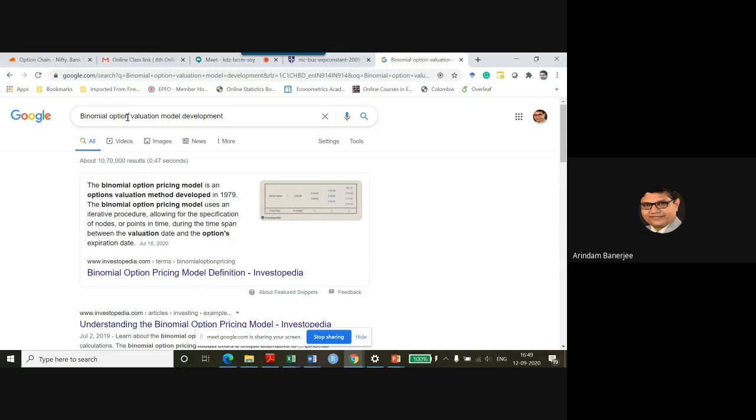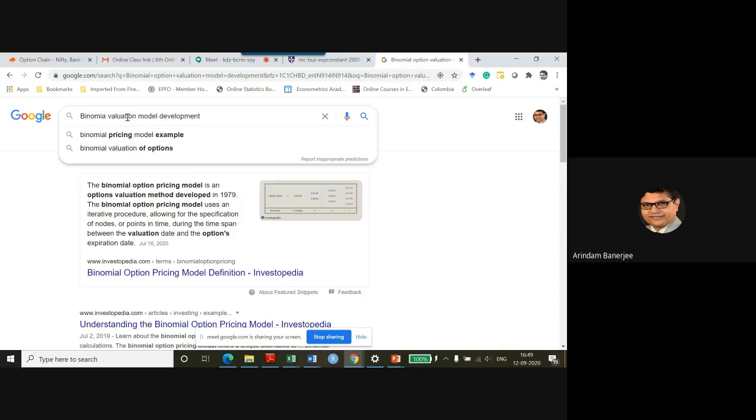And Black and Scholes, almost both of them are around 50 years old.